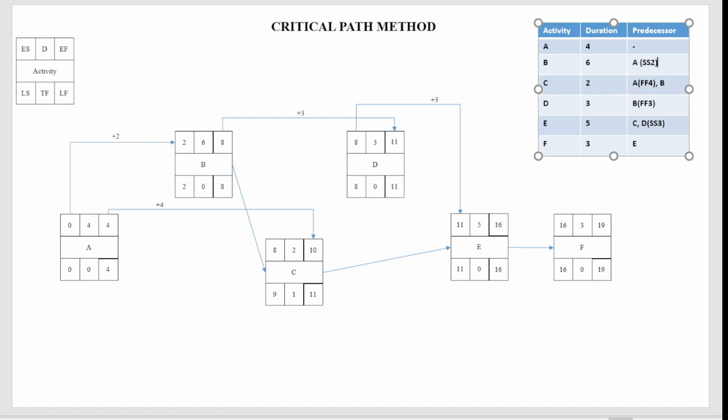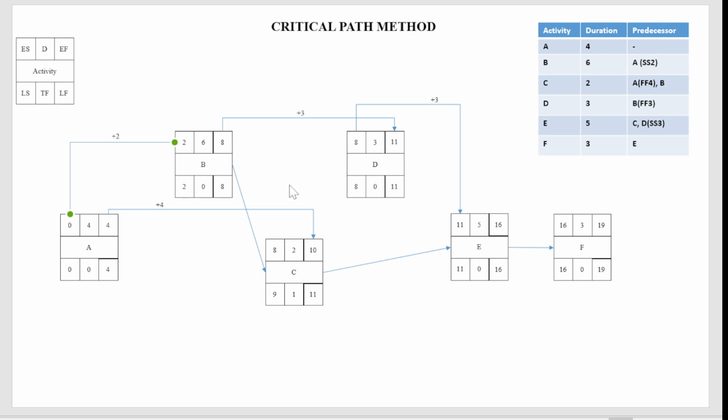That is called a start to start relationship. So how you connect is, from the early start of A to the early start of B, start to start with 2 days, plus 2 days.